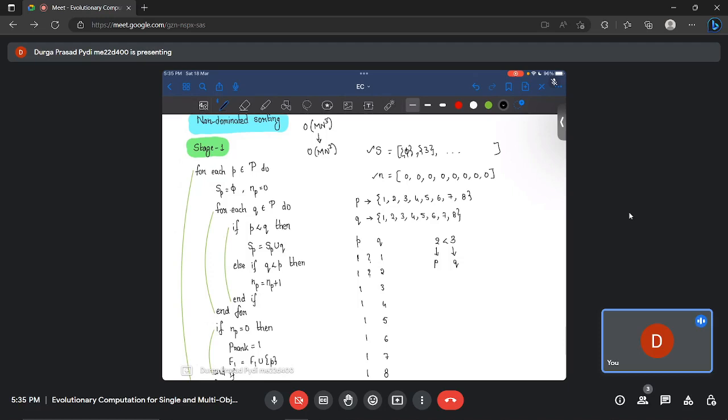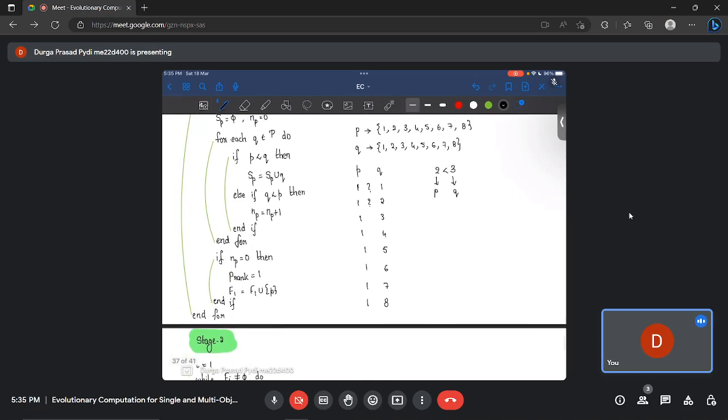Once you get all these values, you can think of it in a simple way, if you recollect the graphical way we were solving.